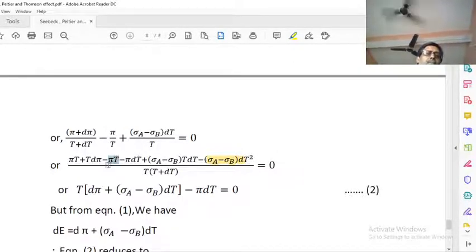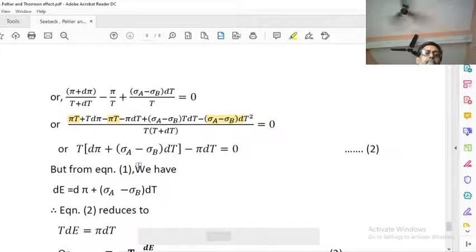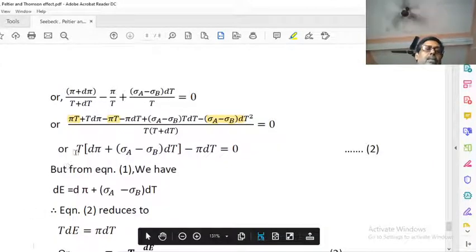Now you can see this term cancels out, so here T and this one. See here, pi T is T d pi, and here T dT. This term pi dT is here, so we take T common in these two terms, and we get this one under the bracket.